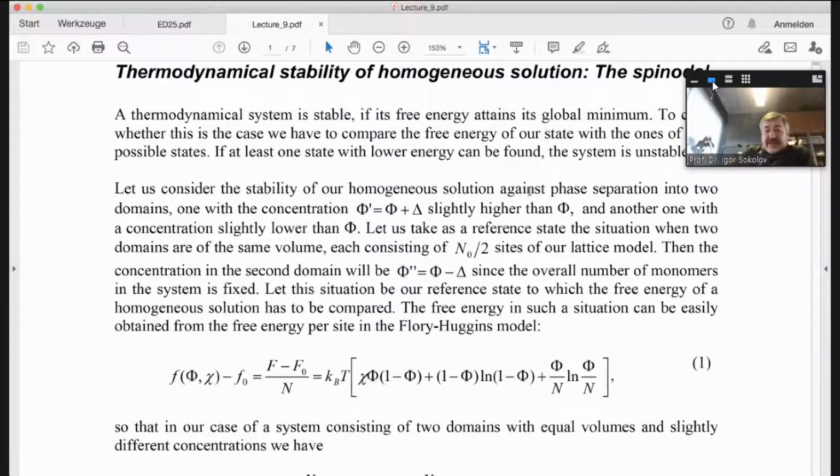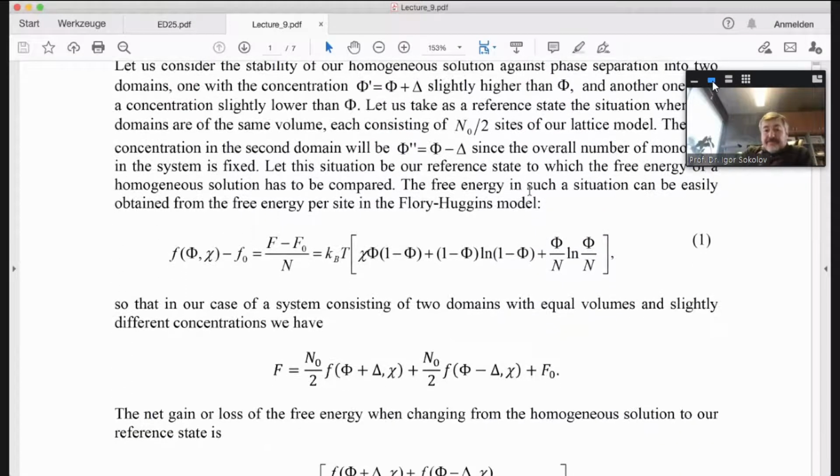So I start here from the normal Flory-Huggins free energy divided by N, and this I call this function small phi. For a single phase solution, the free energy is simply N times this phi up to the offset, which we neglected because there was some offset in the free energy from the entropic part.